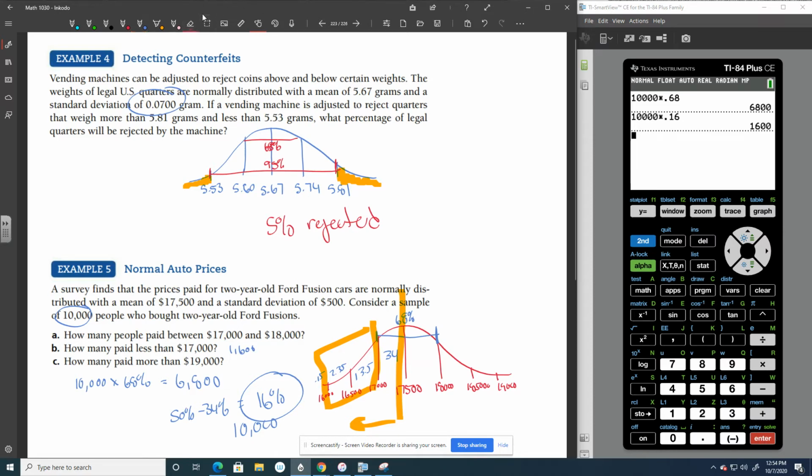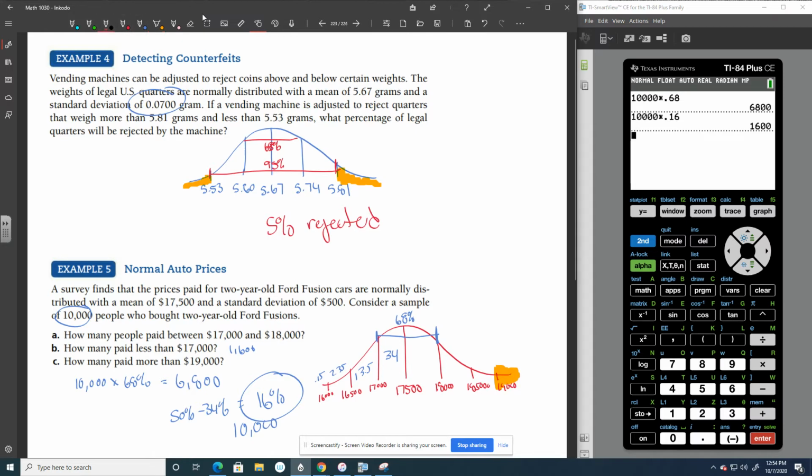Okay. So you're going to have to do some problem solving with these. You're going to have to look at the diagram and kind of break down what you know about it. How many people paid more than 19,000? So 19,000 is right here, so it wants this group to the right of 19,000.